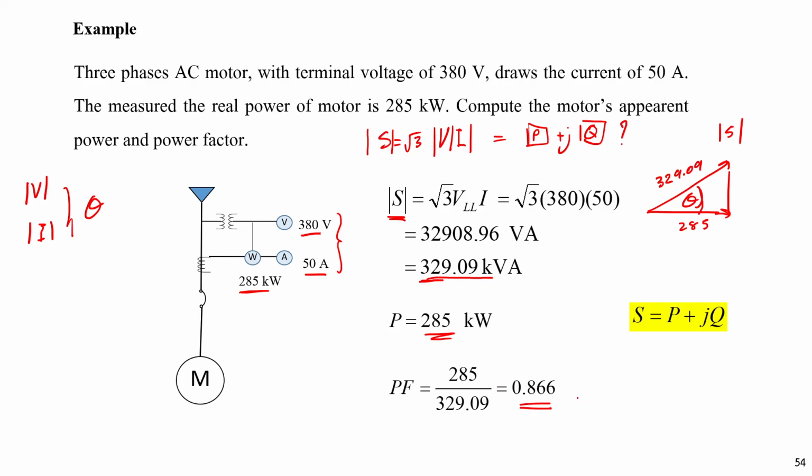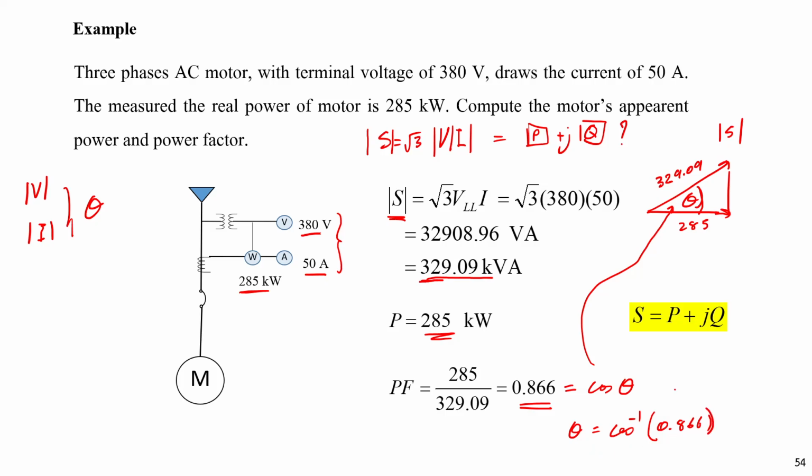This power factor will equal the cosine of this angle, right? Then we can also calculate this theta. The theta will be the inverse cosine of 0.866.